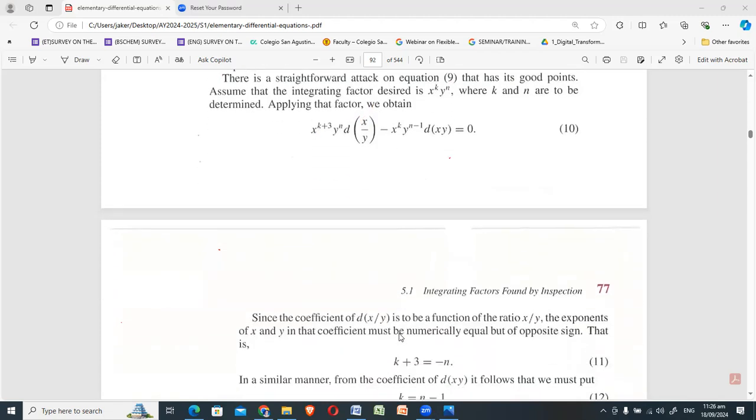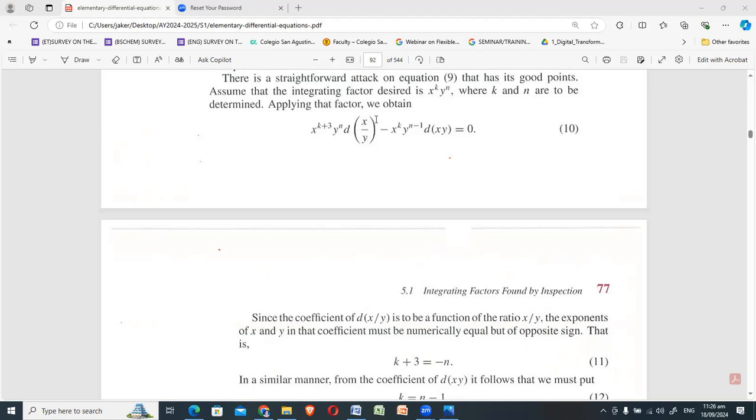Okay. Now, in your first term here, you need an x over y expression. This x over y expression, for you to be able to use power rule, should have the same numeric value. So meaning if your x is raised to 1, your y should be raised to 1 as well. However, they have negative signs because your y is in the denominator and your x is in the numerator.